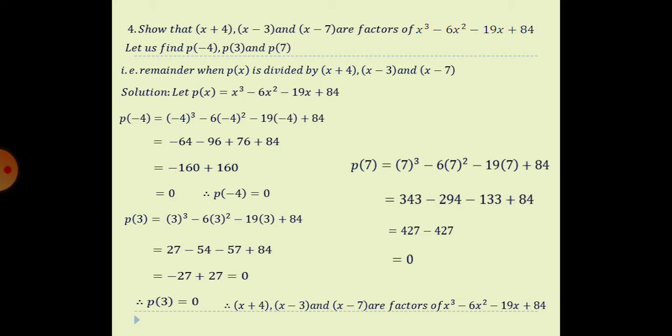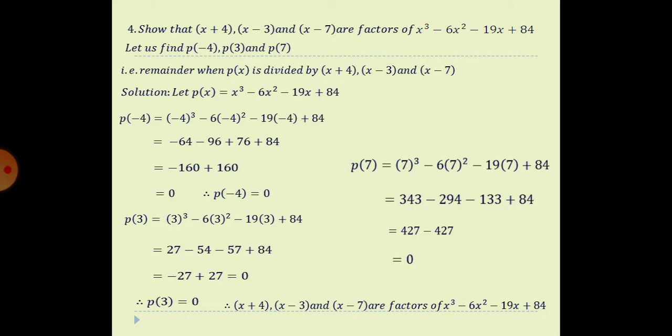P of 3 is equal to 3 cube minus 6 into 3 square minus 19 into 3 plus 84, which after simplification is 0. Thus we see that the remainder when it is divided by x minus 3 is also 0. Therefore, x minus 3 is also a factor of p(x).